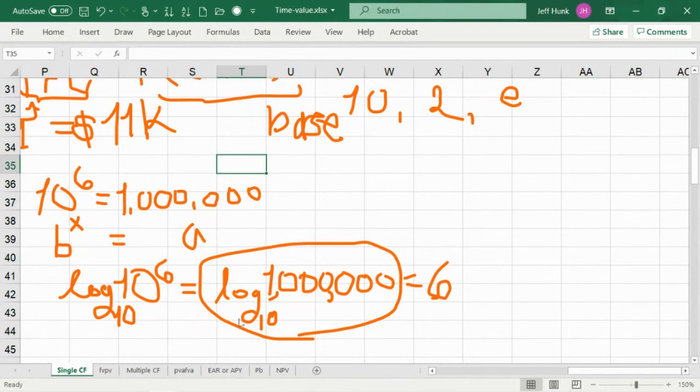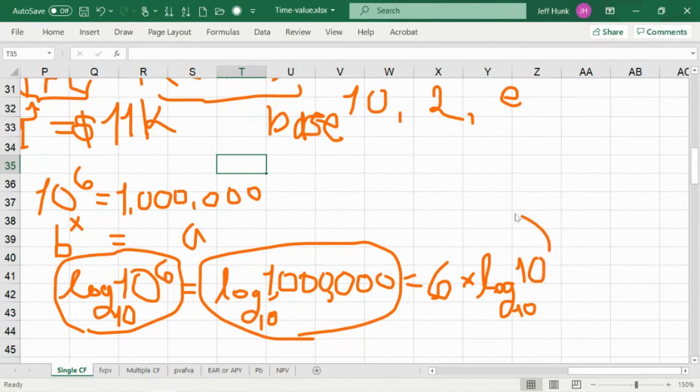If you take base 10 log of 1 million, you can write it like this. And if you write it like that, then the log has a property that any exponent can be brought down as if it were a coefficient.